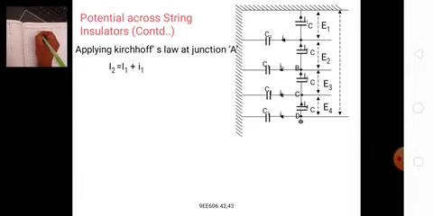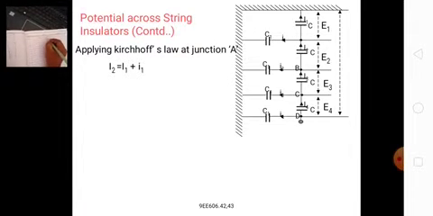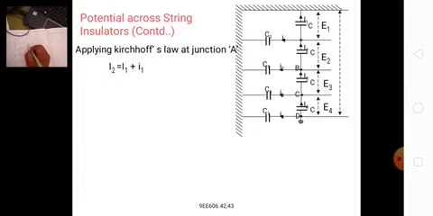So IB is equal to W C into E1 plus E2, that is, W C into E1 into 2 plus 1 by M. So we get the value of IB. Similarly, I3 is equal to I2 plus IB.